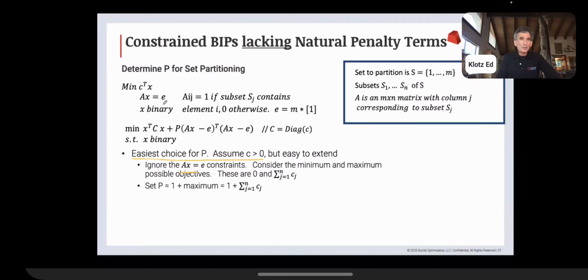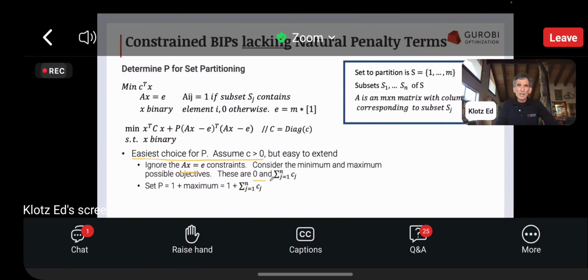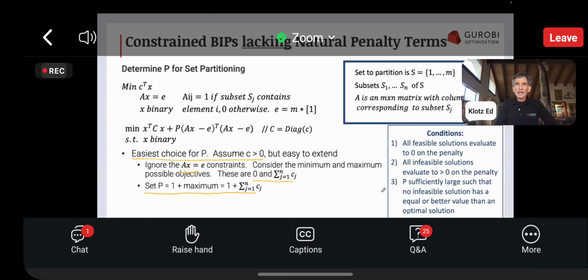Well, we can either set everything to 0 or 1, and the corresponding objective values are 0 and the sum of all our positive objective terms. So we can set P to be 1 plus the difference of those two values, and we have a choice. And it satisfies these three conditions.